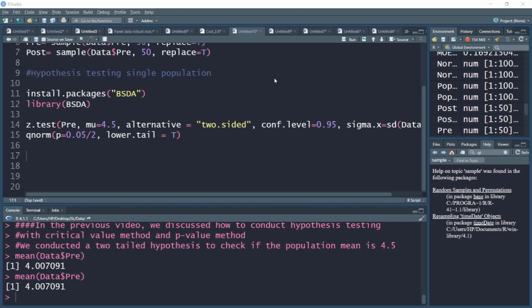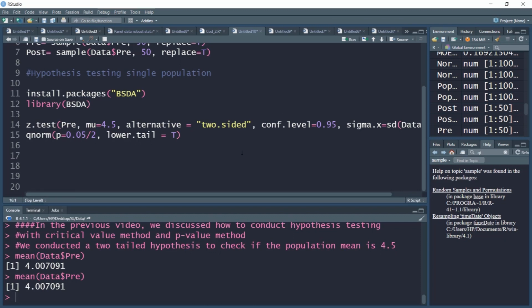In the previous video, we discussed how to conduct hypothesis testing with critical value method and p-value method. We conducted a two-tailed hypothesis to check if the population mean was equal to 4.5. Indeed, from our hypothesis testing method, we found that the mean was different from 4.5, and there was some indication that it was less than 4.5.